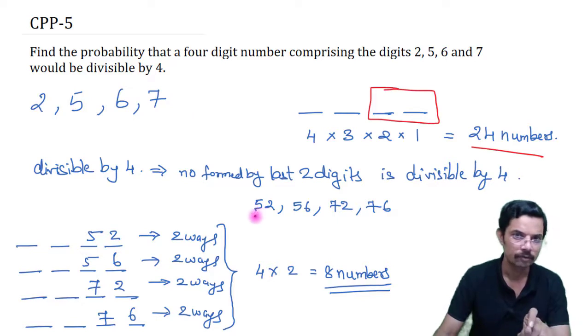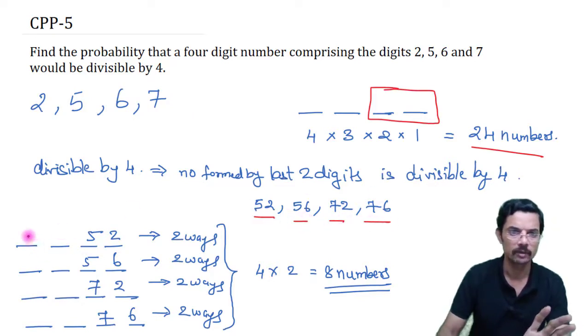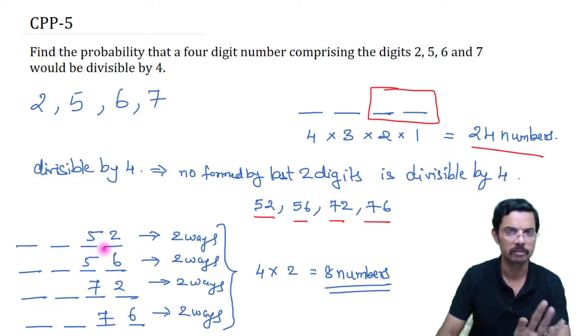So they are 52, 56, 72 and 76. So here 52, 56, 72 or 76 occupy the last 2 places. No other number can be divisible by 4.